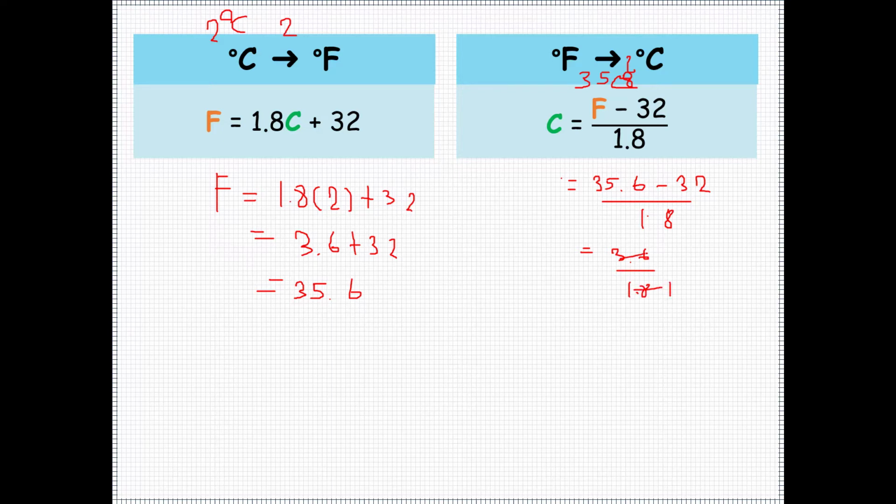Cut 1, cut 2. So the degree Celsius is equal to 2.